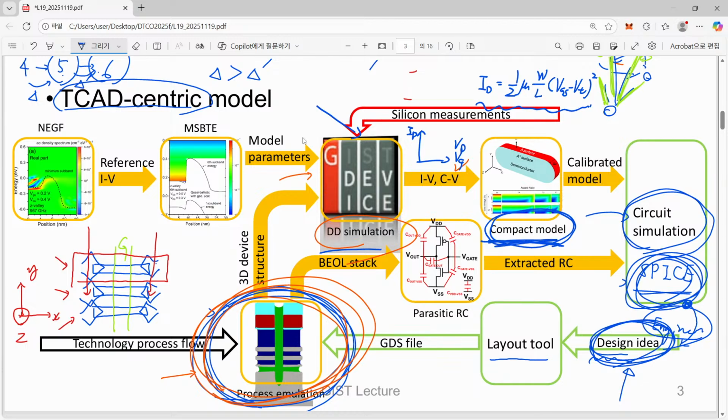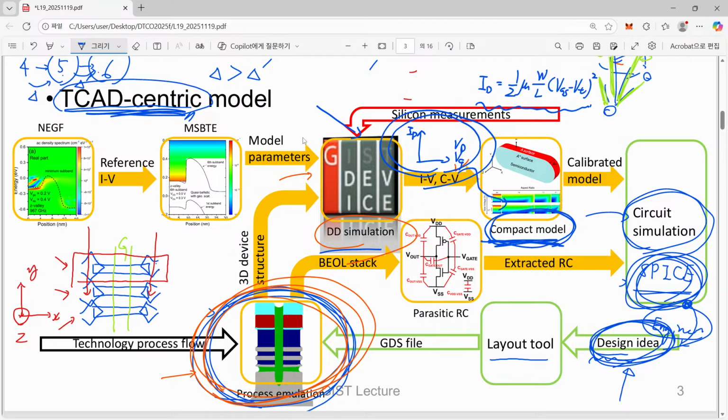Once we have IV characteristics, they should be matched to an existing compact model. Since our course is more or less TCAD-centric, I'm saying that these IV characteristics are obtained from TCAD simulation. But if you are working in industry, then your IV characteristics no longer come from TCAD tools.